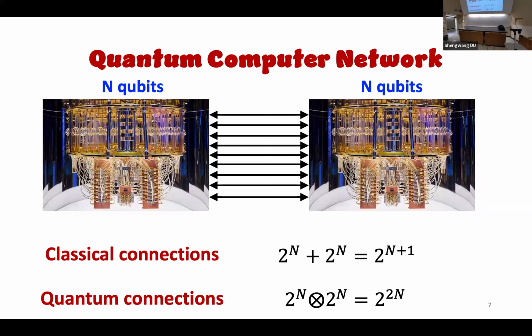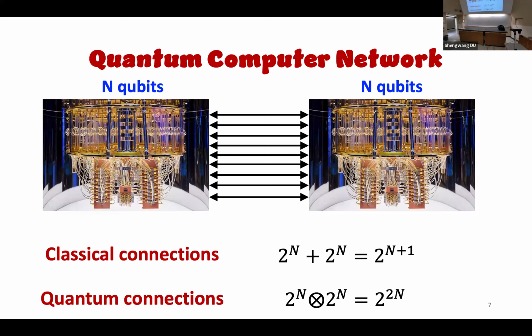But if you can connect them quantum mechanically, potentially the Hilbert space can be expanded to 2 to the power of 2n. So this is much more powerful. For example, if you have 10 qubits, and you connect quantum mechanically, you can make a 20 qubit quantum computer, and the power is much higher than an individual quantum computer.